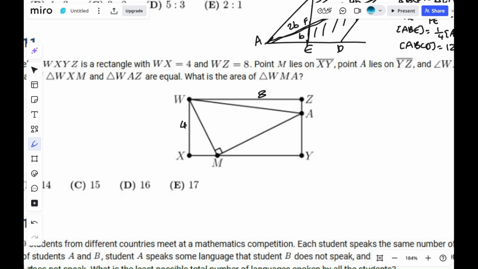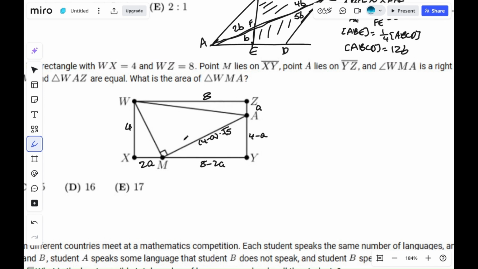So assume that AZ is equal to some variable a. Because the areas of WZA and WXM are equal, XM is equal to 2a. So now MY is 8 minus 2a and AY is 4 minus a. So then AM is equal to 4 minus a times root 5 by the Pythagorean theorem.